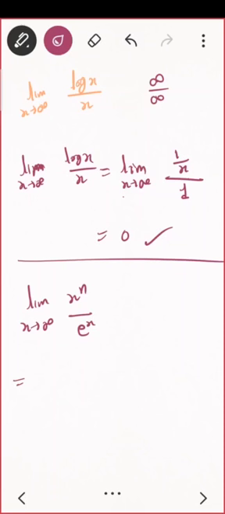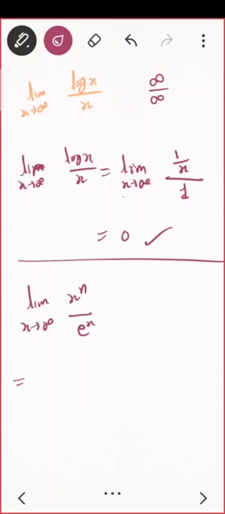Yes, of course. If you put x as infinity in the numerator, it is x raised to n, so that is going to be infinity. And what is e raised to infinity? That is again infinity. Correct? So yes, this is satisfying. This is of the form infinity by infinity.